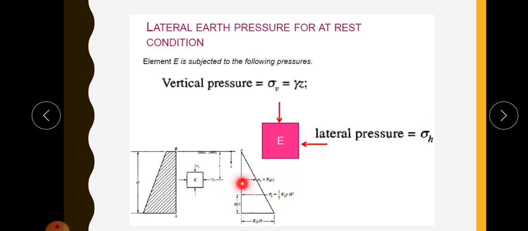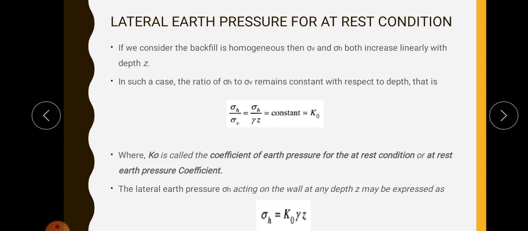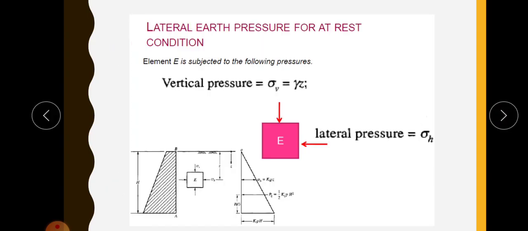Here this point is at a depth Z, that is the point E. So lateral earth pressure is equal to K naught into gamma into Z, that depth. That we have discussed here, that is, sigma H is equal to K naught into sigma V. Since the depth of the point E is Z, here sigma H or lateral earth pressure is equal to K naught into gamma into Z.